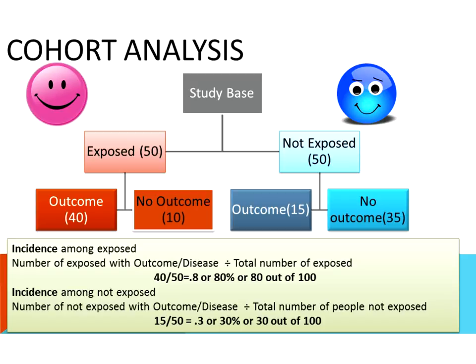So 40 over 50 is 80%. The incidence among the not exposed is: our unexposed group was 50, and 15 out of 50 people developed the disease, or 30% developed the disease.